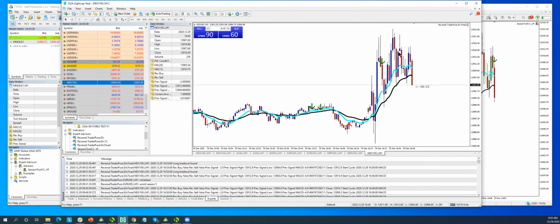And the close here is, no, sorry. High is 1912, and the close should be over here. It should be all triggering. For some reason, it's not triggering. I don't know why it's not triggering.